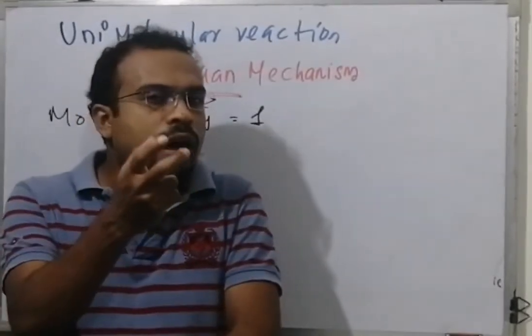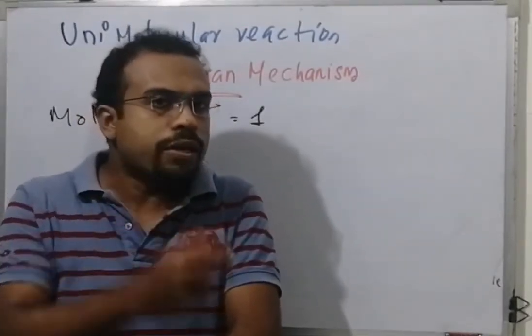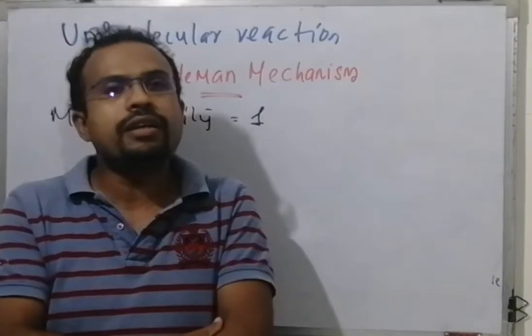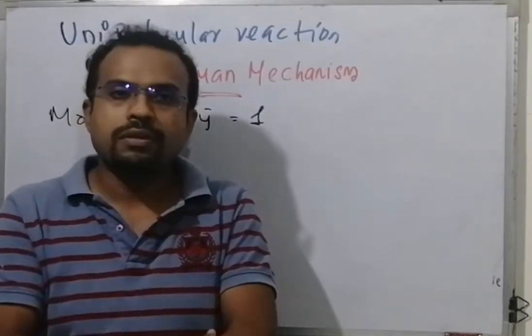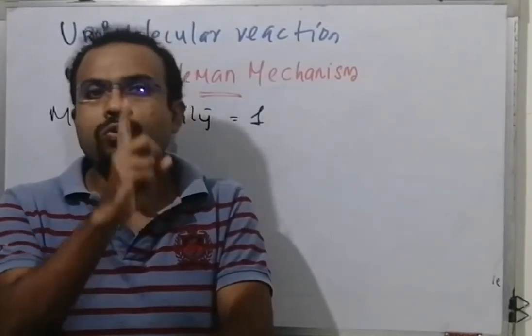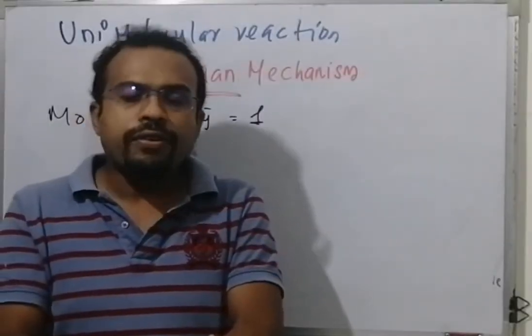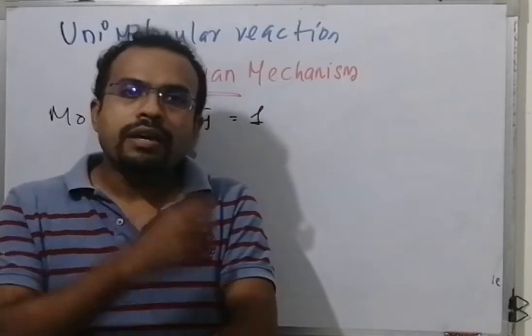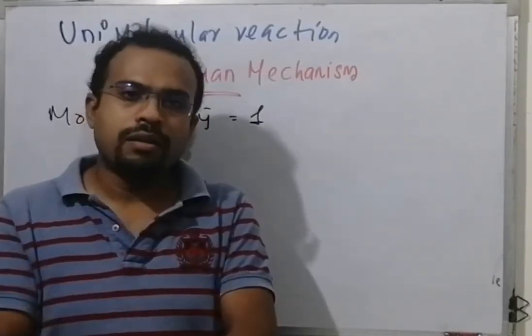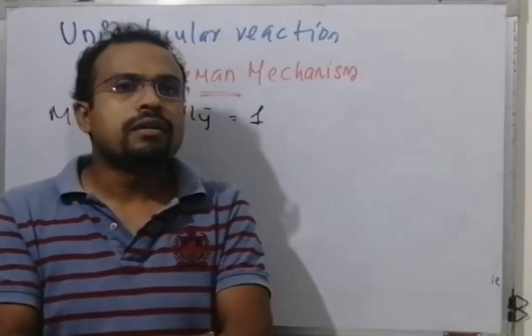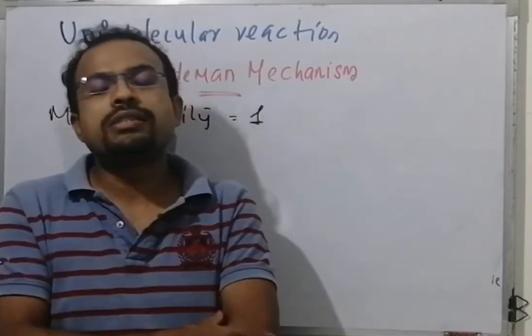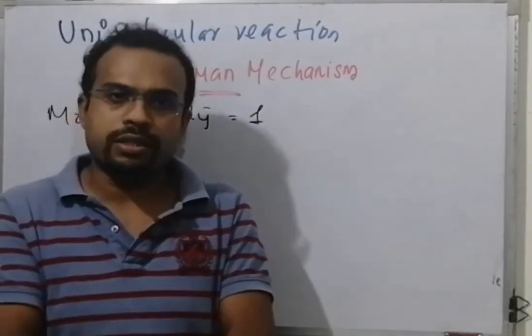Could you collide one molecule? No. If there is collision, there should be 2. There is no collision with one species. Therefore, it was a puzzle, a dilemma for the scientists how to explain this reaction.